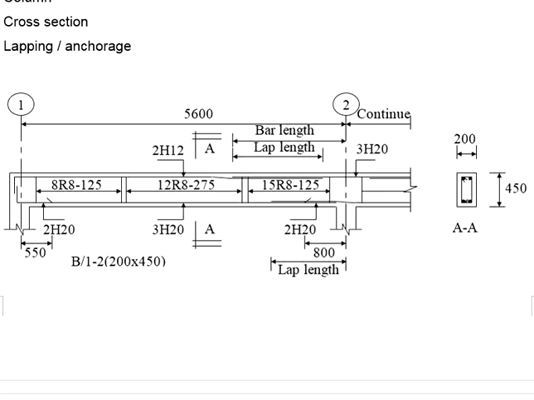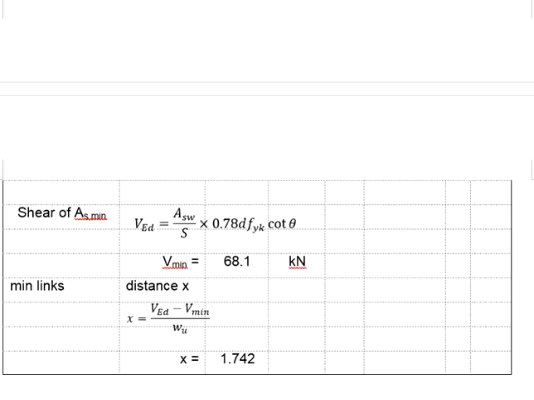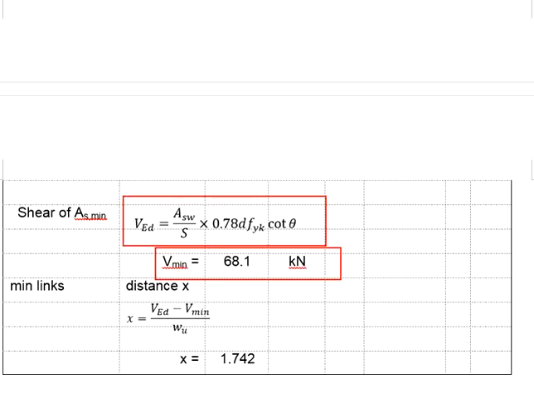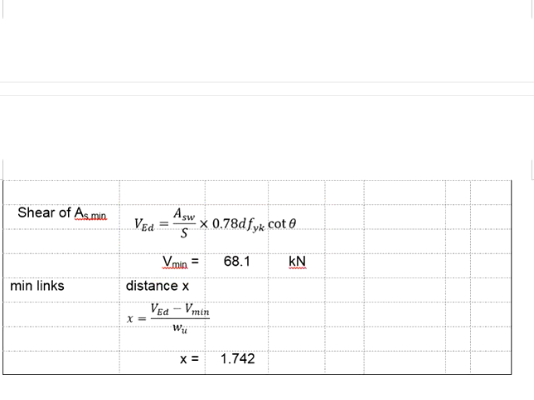Now the next step here will be for you to define where the normal shear links should end and where the minimum shear links should start. This will have to go back to your previous calculations. Based on the calculations, you know that the shear load that can be taken by the minimum shear links is 68.1 kN.